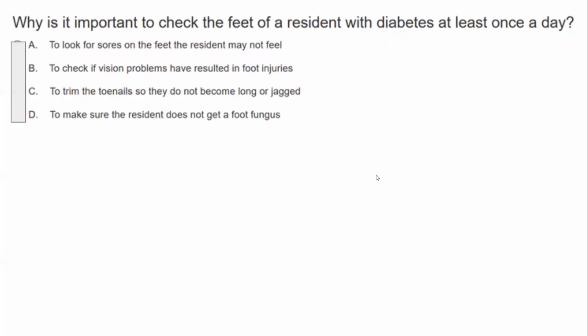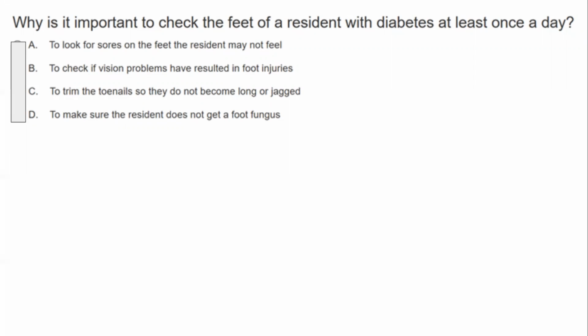Okay, why is it important to check the feet of a resident with diabetes at least once a day? Is it to A, to look for sores on the feet the resident may not feel? B, to check if vision problems have resulted in foot injuries?